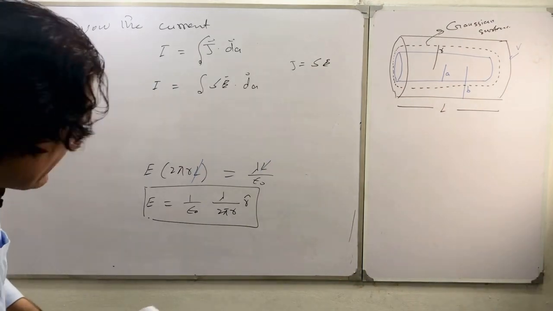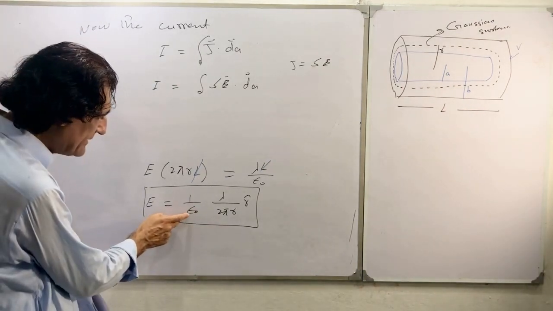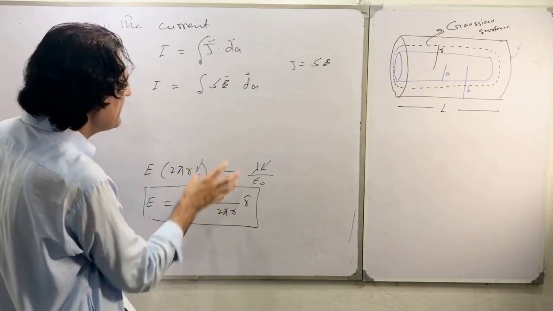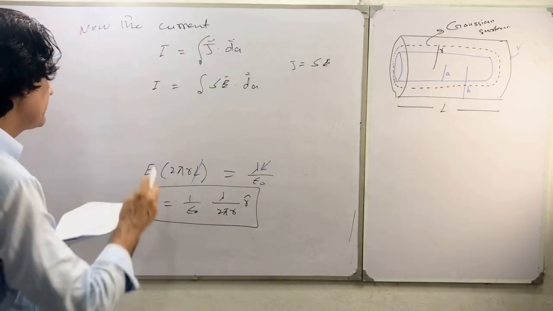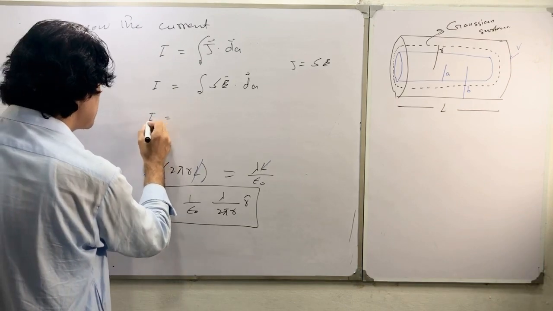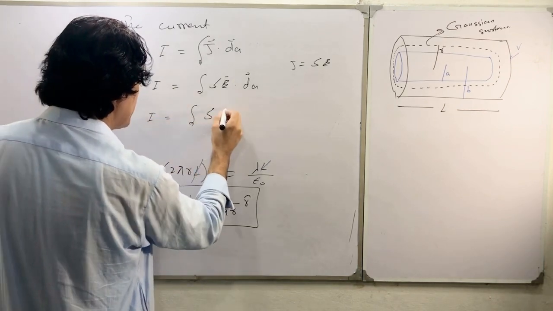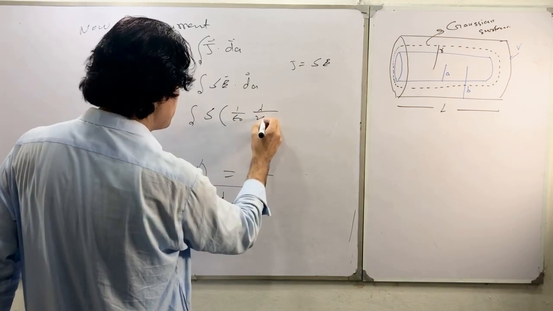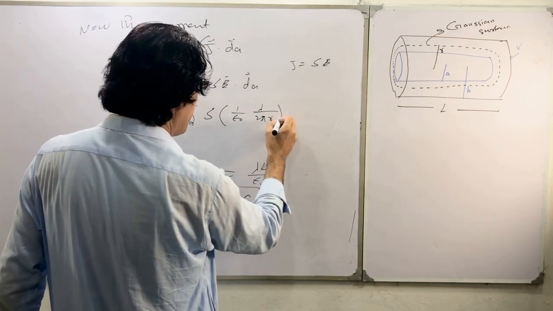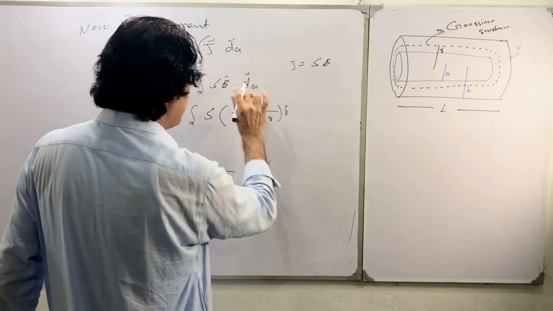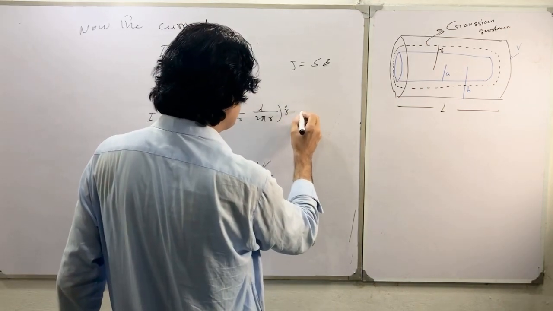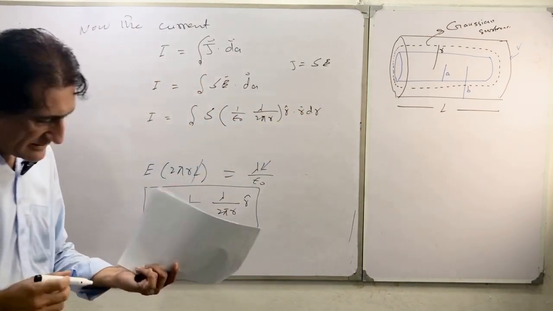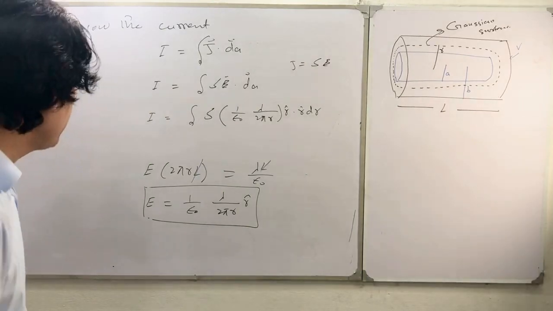And we also derived the electric field. Putting the value of this electric field here, the current must be equal to sigma times 1 over epsilon naught lambda divided by 2 pi r, in the r unit vector direction, and dA is in the r unit vector direction as well. So r dot r will be equal to 1.